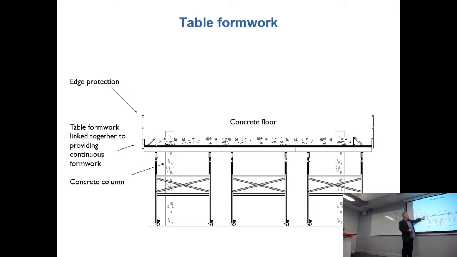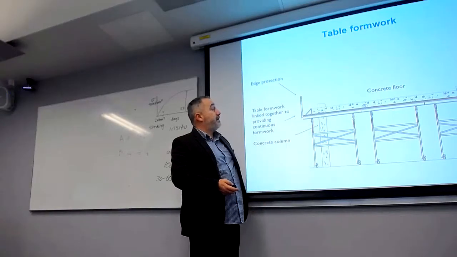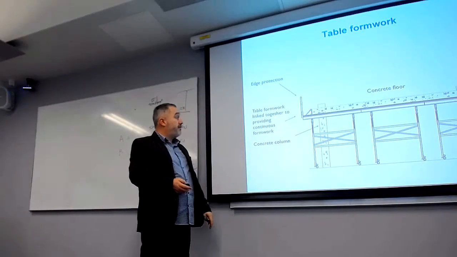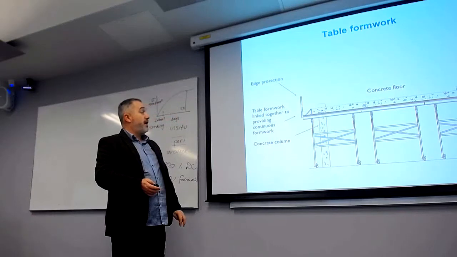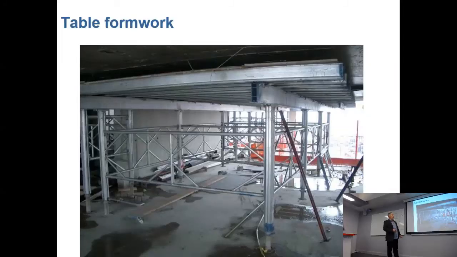The nice thing about table formwork is that you can have safety rails and anti-slip areas, so that it's always safe for the people doing the work on the floors themselves. So that's table formwork, and there's a photo of it.